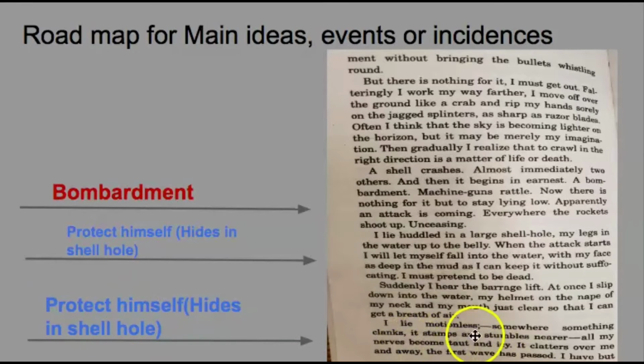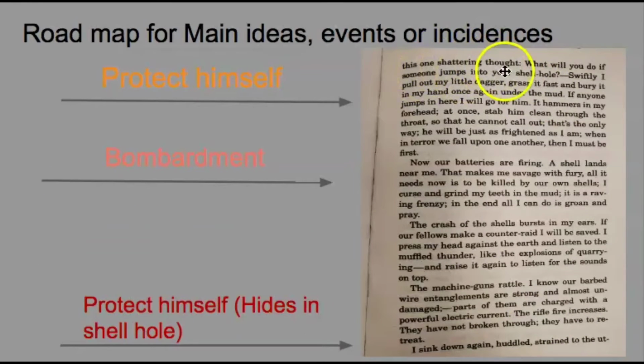Something clinks. It stamps and stumbles nearer. All my nerves go taut and icy. It clatters over me and away. The first wave has passed. I have but this one shattering thought: what will you do if someone jumps into your shell hole? Swiftly, I pull out my little dagger and I grasp it fast and burrow it into my hand, once again under the mud.